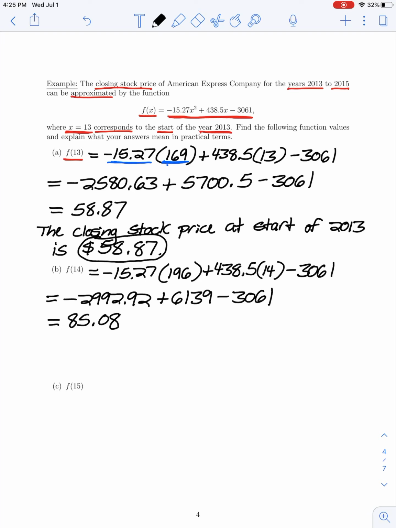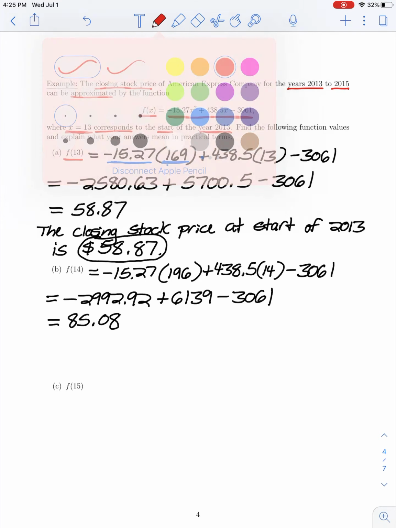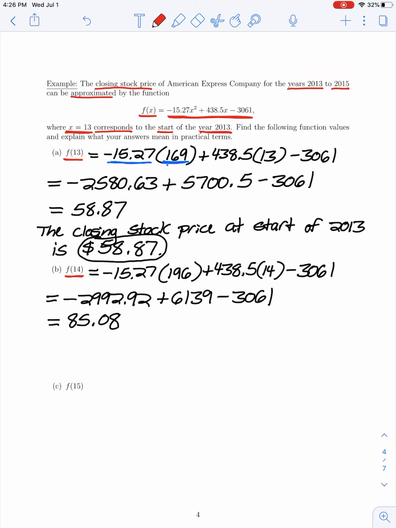So let's think about what this means in terms of practical purposes. So here, our value of x is now 14. If the value x equals 13 corresponded to the start of the year 2013, then x equals 14 will correspond to the beginning of the year 2014.